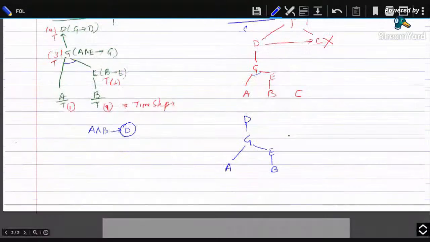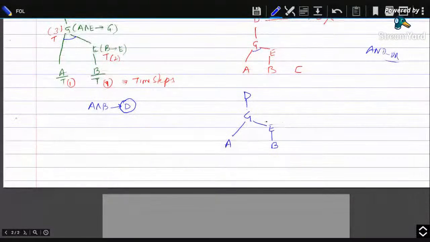This is a special type of graph called an AND-OR graph. Somewhere back we had dealt with this AND-OR graph. Wherever it's AND, we use a curve to imply that these two should be ANDed. They are not OR. So if there is no curve here, it means it is OR.